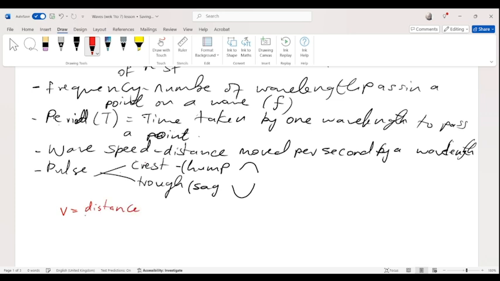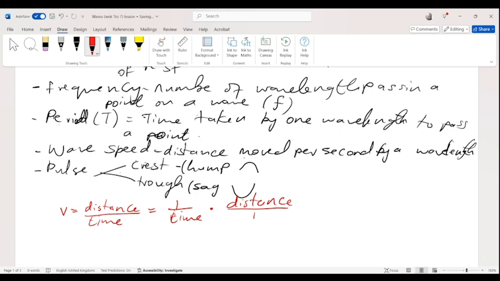Distance over time. Now, if you separate the two, I don't know if you will agree with me. What you will have is 1 over time times distance over 1. That's what we have.